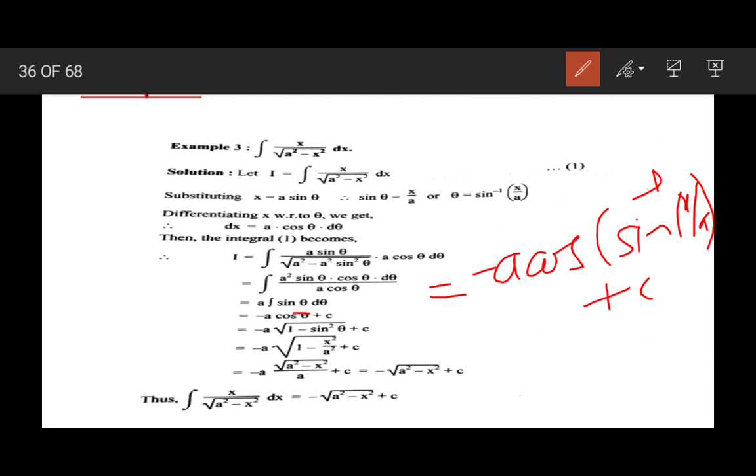Okay, which is not clear. So to simplify this part, I am going to convert this cos theta as root of 1 minus sin square theta, and then I will substitute this sin theta value. Okay, and finally I will get the simplified answer.